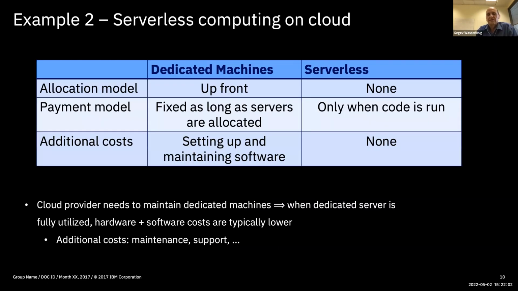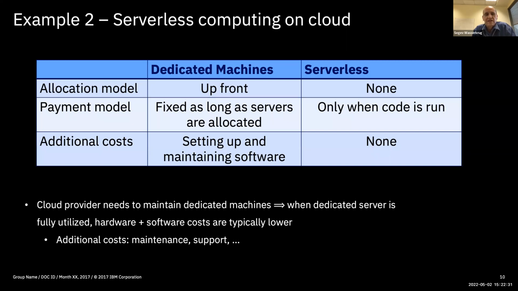Another example, again, is in the context of cloud computing or serverless computing. I don't know how familiar people on this call are with the serverless computing model, so I'm going to give a little bit of background. In the traditional, or simplest, cloud computing, you go to one of the cloud providers, Amazon, Microsoft, IBM, and you say, I want a dedicated machine to run my workload on.